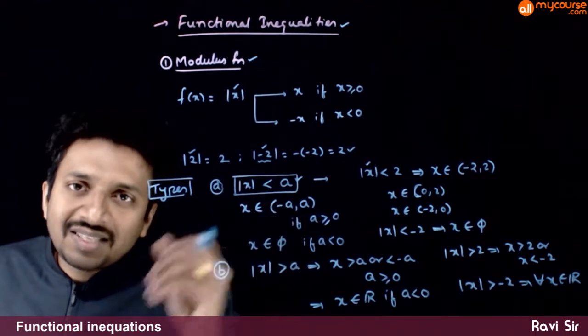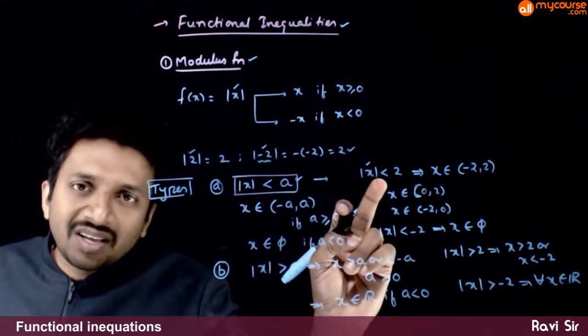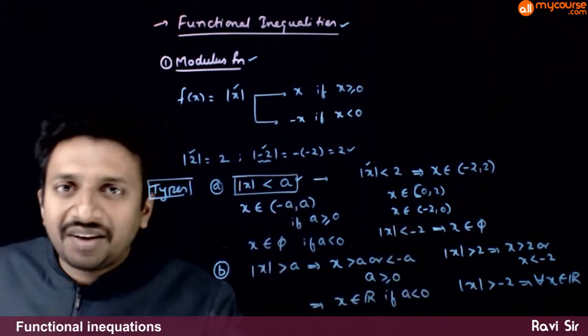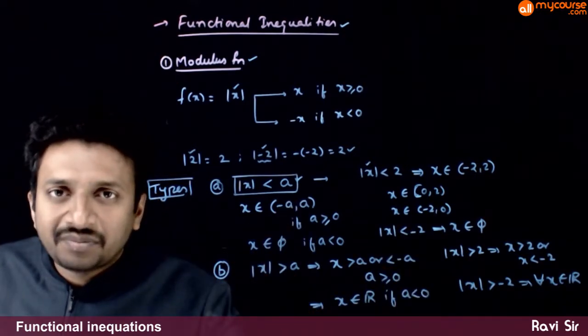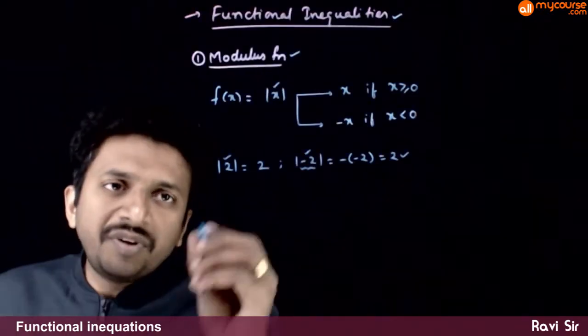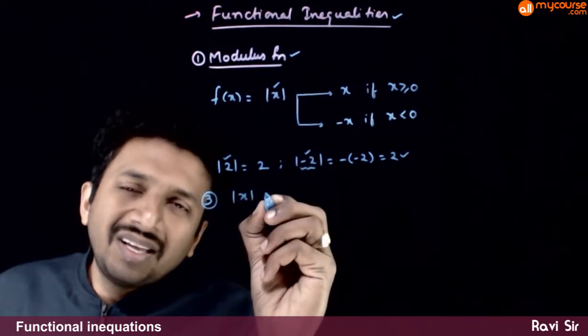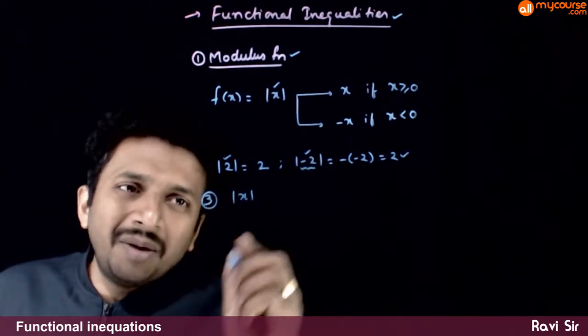Mod x is less than a, mod x is greater than a. Mod x is less than 2, mod x is greater than 2, for example. Now let us go to the further inequalities. The next type of inequality is something like mod x is in between a and b.